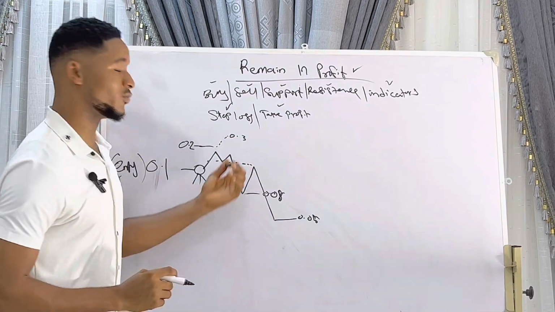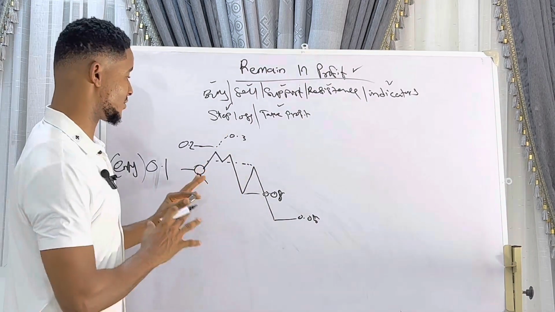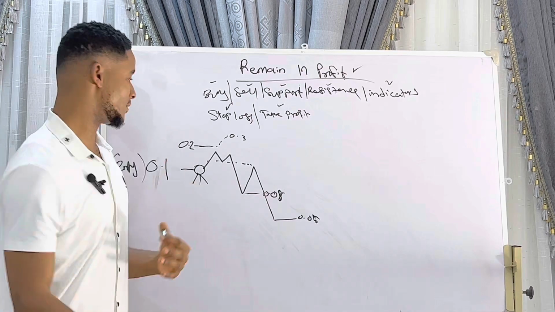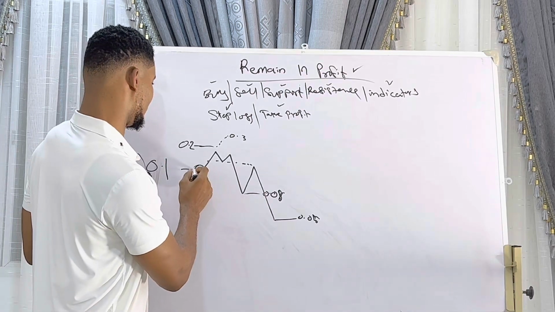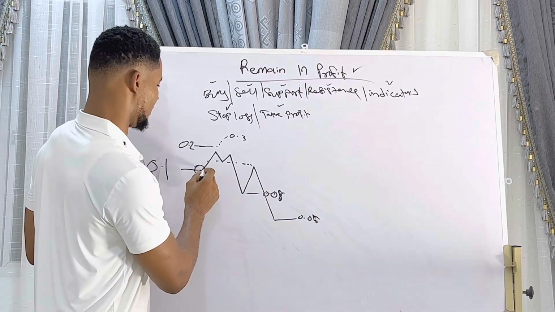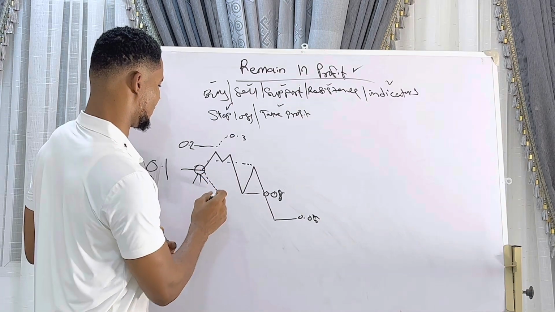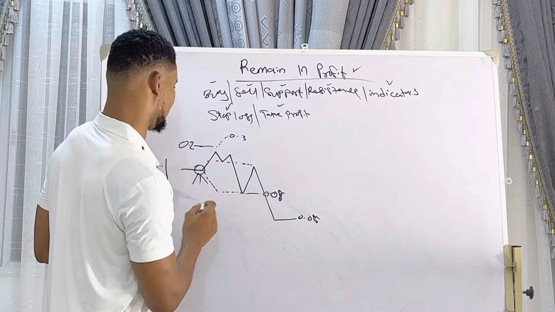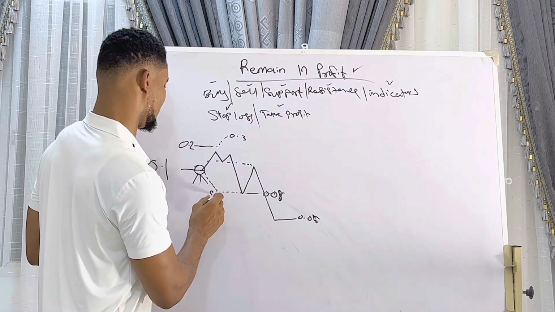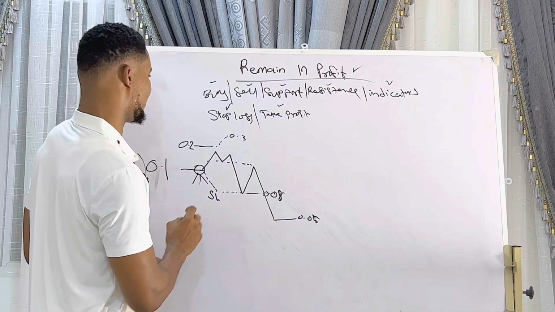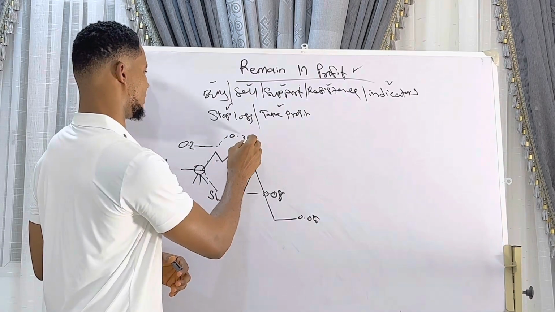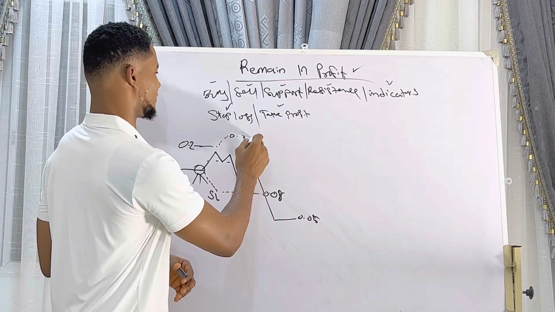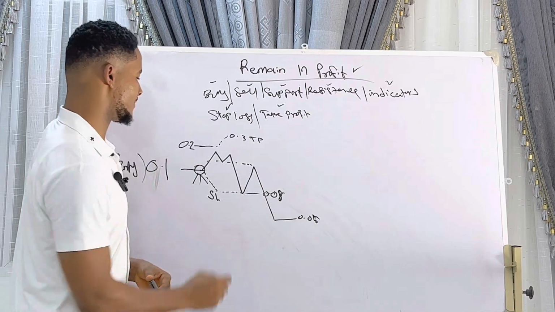So we did not go to 0.3 in this trade, but you already did your stop loss because you bought here, and you set the stop loss at this point here. This is your stop loss, and this is your take profit, TP.